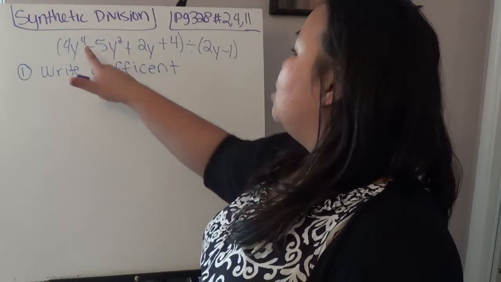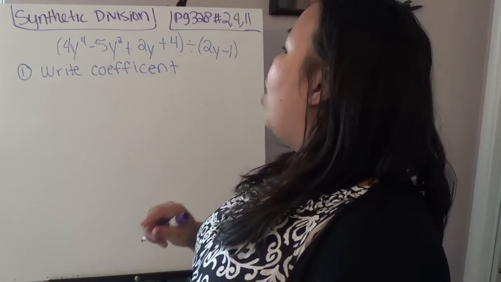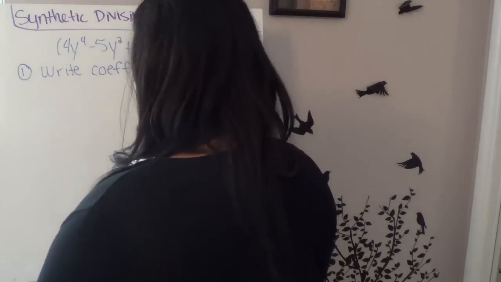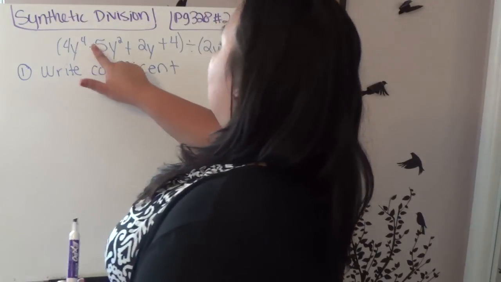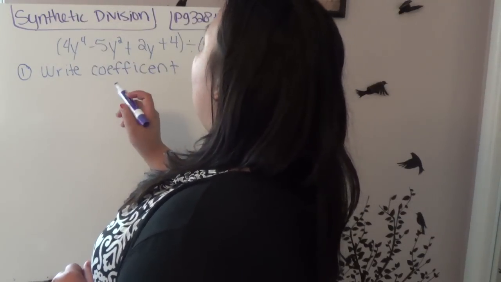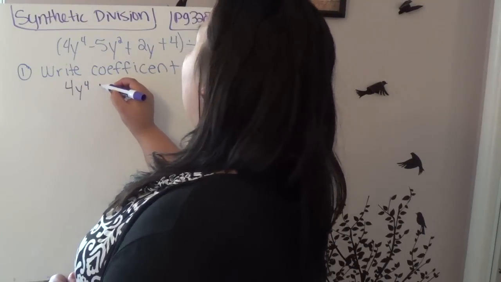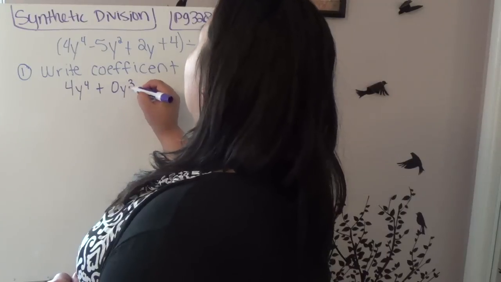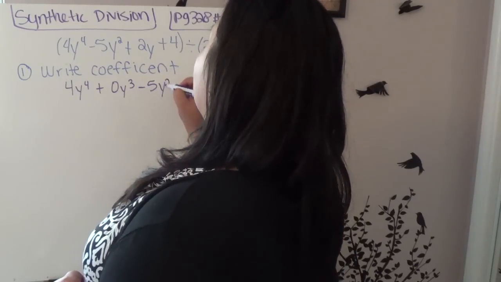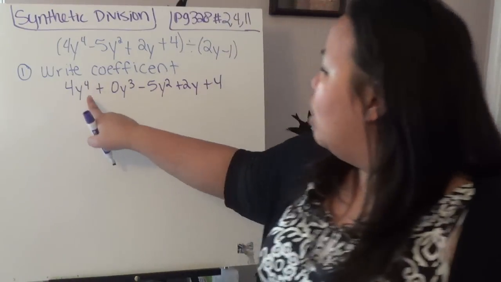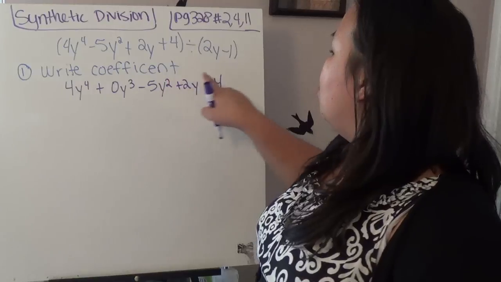Now, the problem is this goes from y to the 4th to y squared. So I need to insert a number here. Basically, I need to change this to 4y to the 4th plus 0y to the 3rd minus 5y squared plus 2y plus 4. Because it needs to go 4, 3, 2, 1, 0.